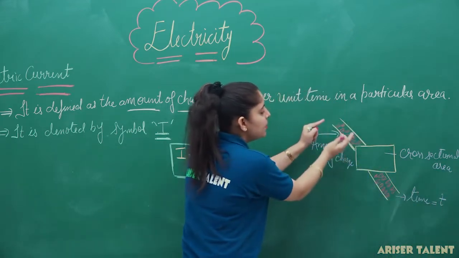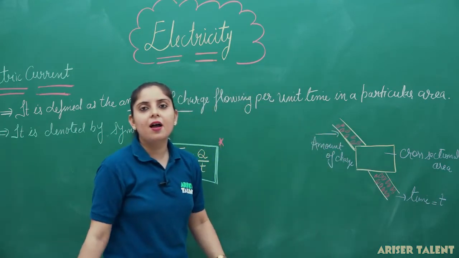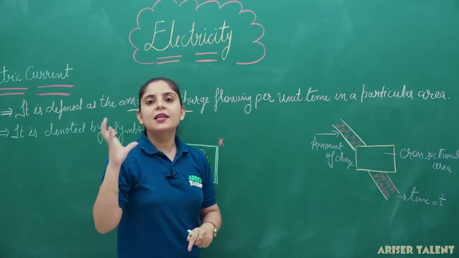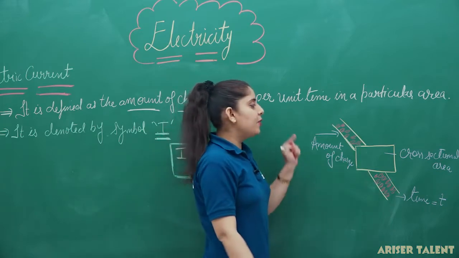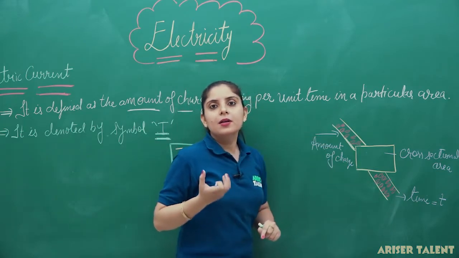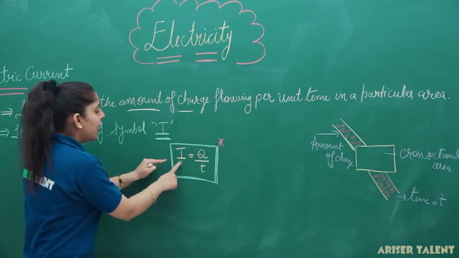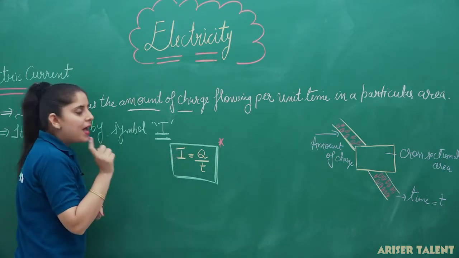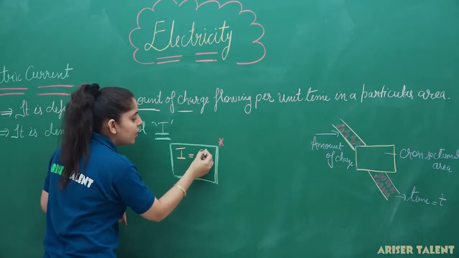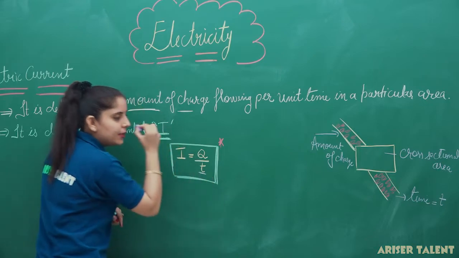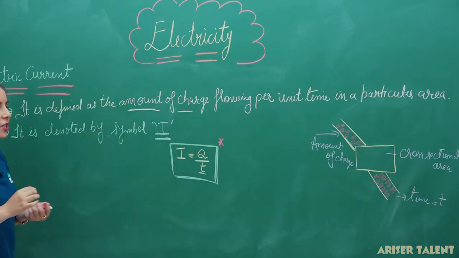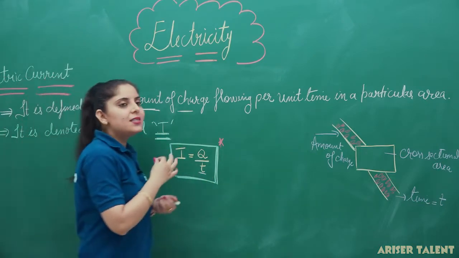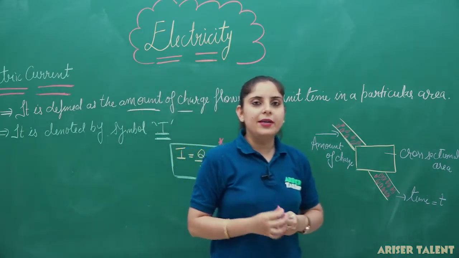So from this particular cross-sectional area, the amount of charge flowing per unit time will tell you the current. Again, current is denoted by the symbol I, and it is defined as the charge flowing per unit time from a particular cross-sectional area.